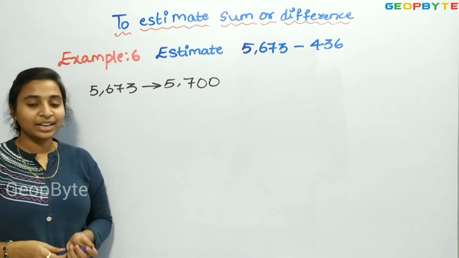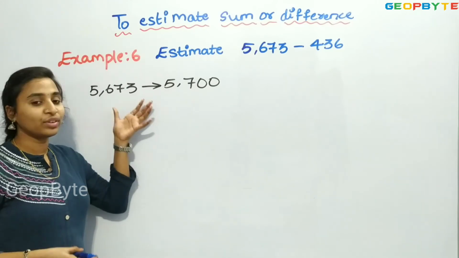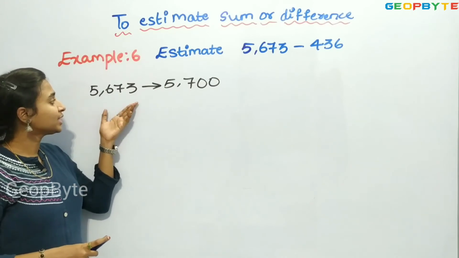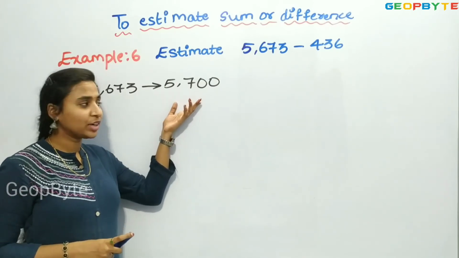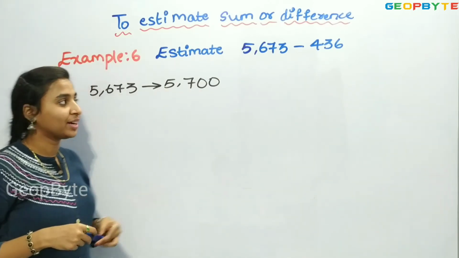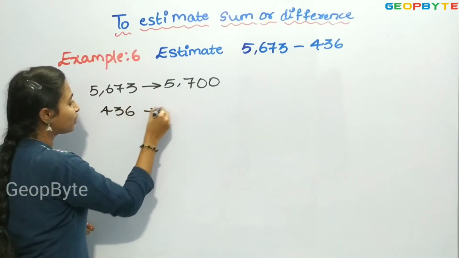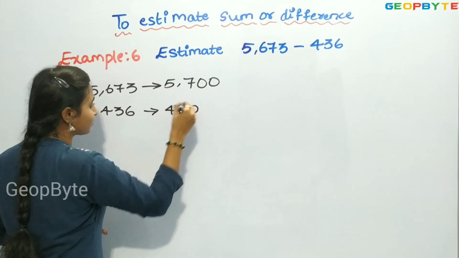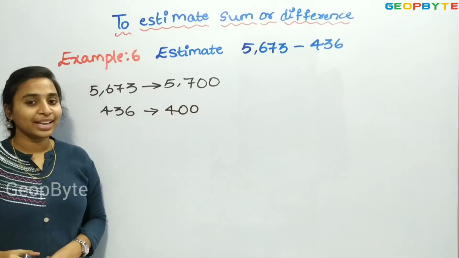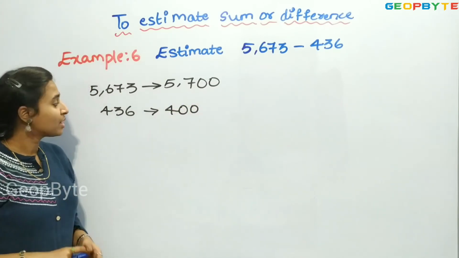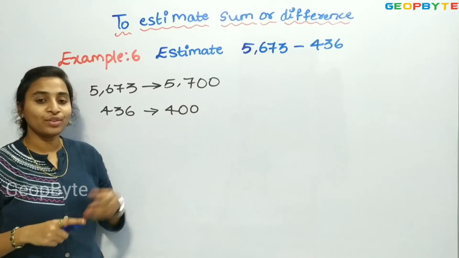Previously we have done it for thousands. Now we are doing it for hundreds. So 5673 will be rounded off to 5700 and 436 will be rounded off to 400. In case of taking the value to the nearest hundreds, 436 becomes 400.